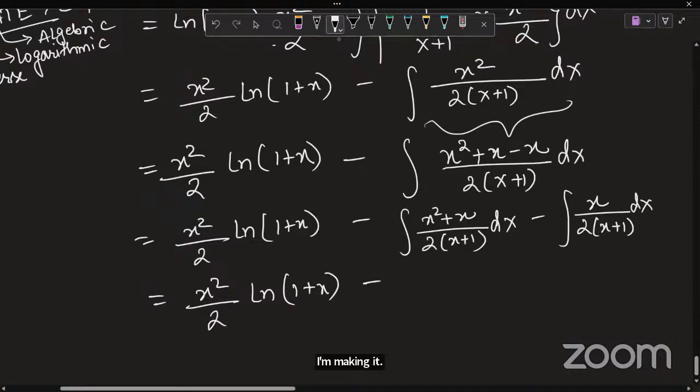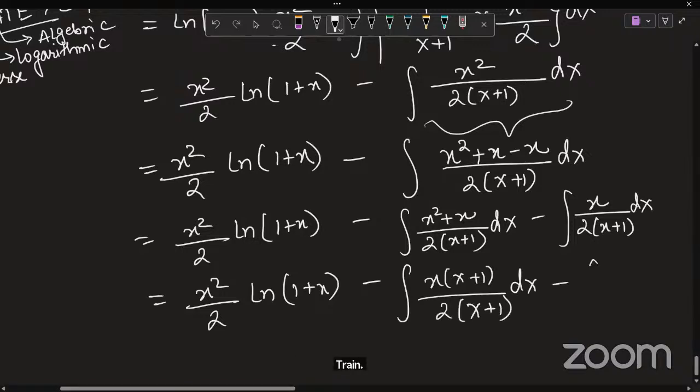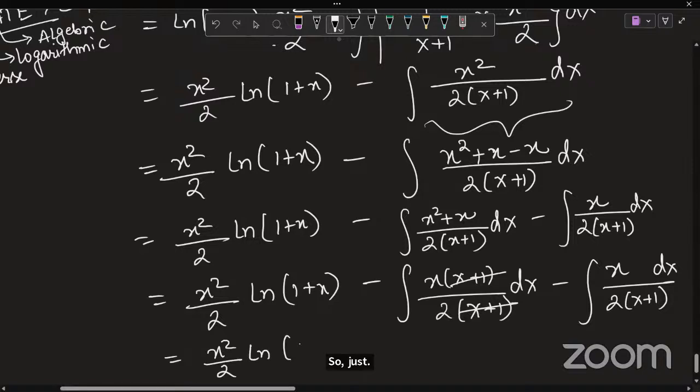So let's integrate this. If you take x common from here, what you will get? x plus 1, right? 2 into x plus 1 dx minus the integration of x 2 into x plus 1 dx, right? So this will be cancelled out and it will become x square by 2 ln 1 plus x minus the integration of this.